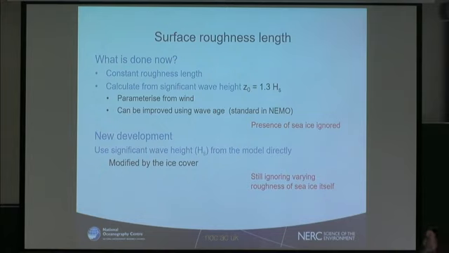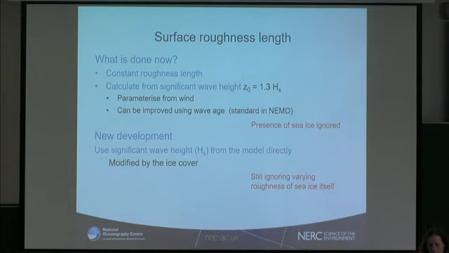So, surface roughness length. The options that people are using: first, the simple one, use a constant roughness length. Something that is better already is to calculate the surface roughness length from the significant wave height. There is some factor in between the two, like 1.3 or 1.6 sometimes.